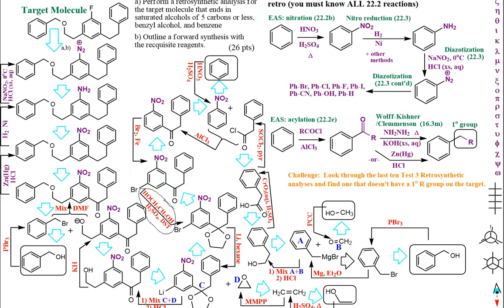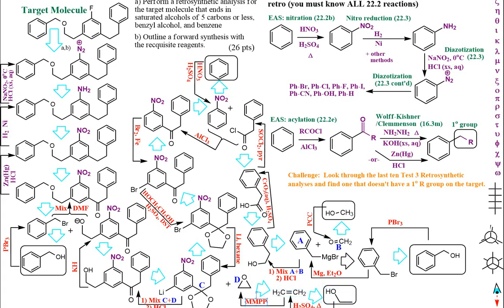And then protection of the ketone with ethylene glycol and sulfuric acid in the presence of a Dean-Stark trap for the condensation reaction gives this protected ketone, which can now be lithiated with lithium and hexane. And we have a phenyllithium species, which when mixed with chemical D, which we haven't made yet, better make D before you mix it with C. Ethanol dehydrated with sulfuric acid to give ethylene.